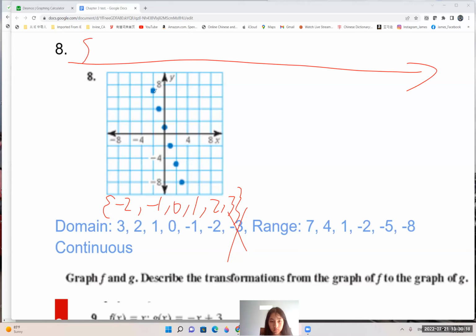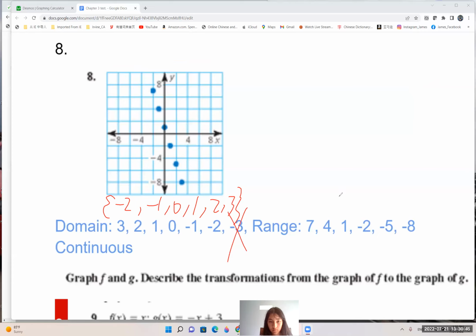This is smaller. This is bigger. Another thing is, if we think it's a data set, normally we write it with this kind of bracket instead of just listing them.